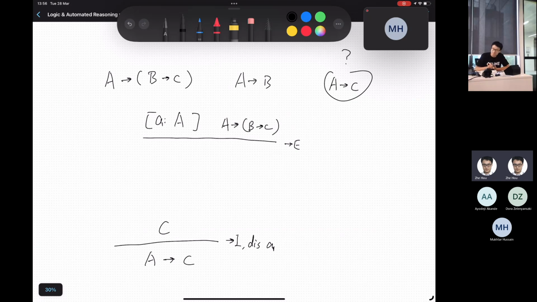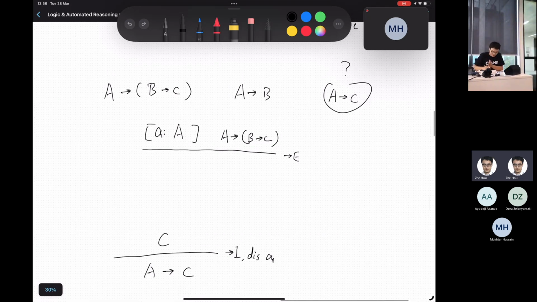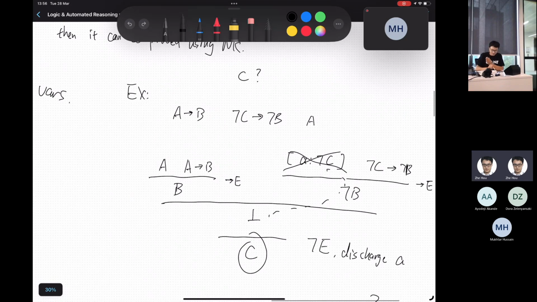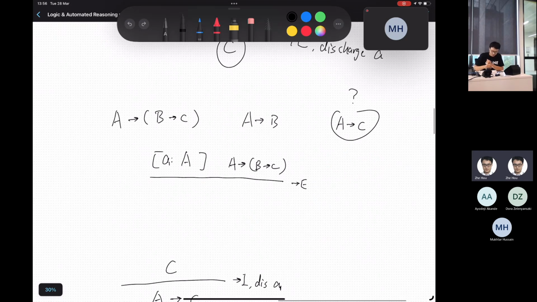We have two implications there, and the one we eliminate is this one here. After we eliminate it, what can we conclude? We conclude the right-hand side. That's always what we do: we know the left-hand side is true, so we conclude the right-hand side, which is B implies C. Okay, so that's the first thing we can do.